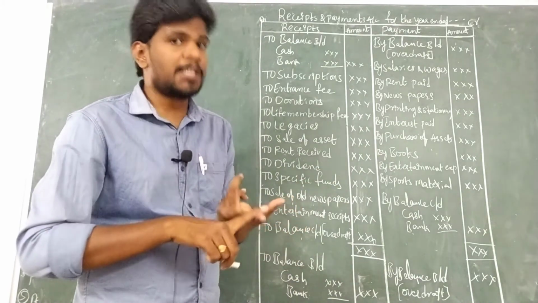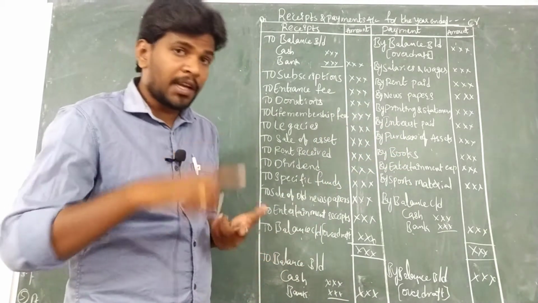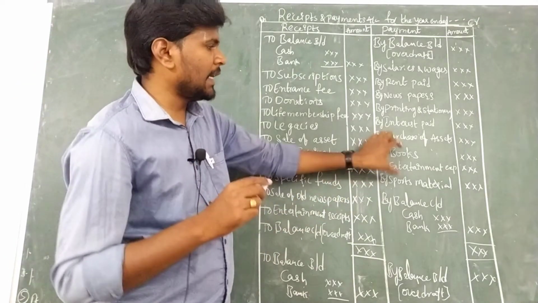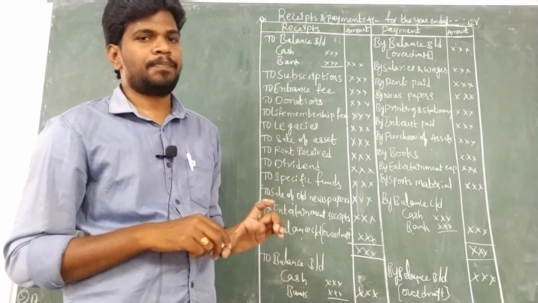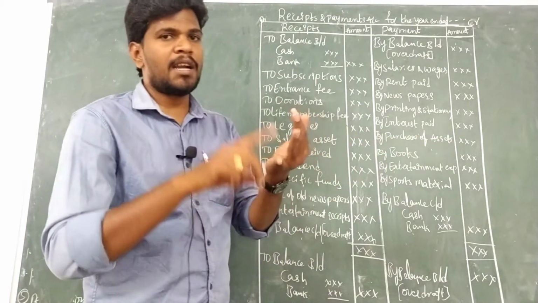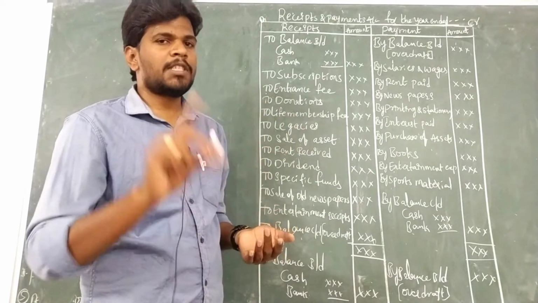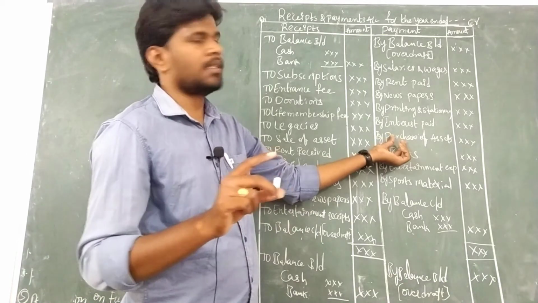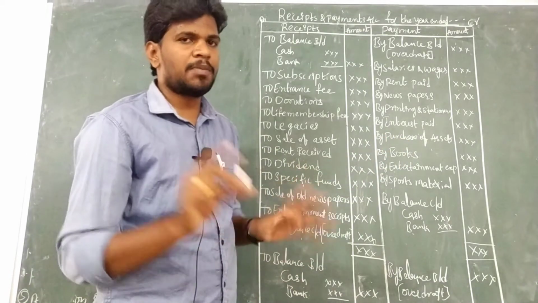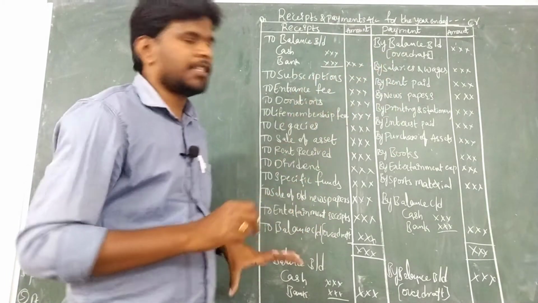Once we purchase either books or sports material, we can utilize them for a long period of time. That's why they are called assets. Purchase of assets means all assets: land, buildings, machinery, furniture, computer, whatever asset it may be. That is called capital expenditure. Whatever payment it may be, all payments are recorded on the credit side.